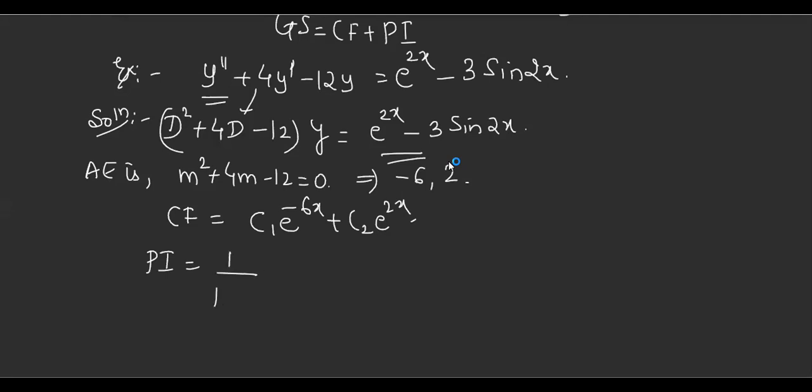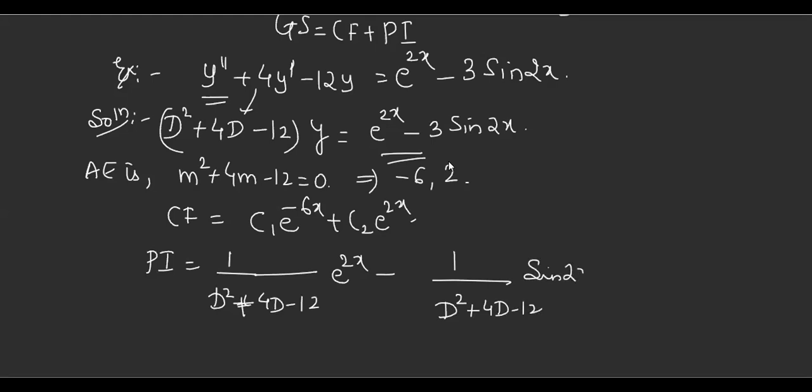So 1 upon D square plus 4D minus 12 is common for both. Means this is to be applied first on e raised to 2x and then on sine 2x. Now this 3 being constant, I can write it over here. No problem. Simple step. Hope clear.